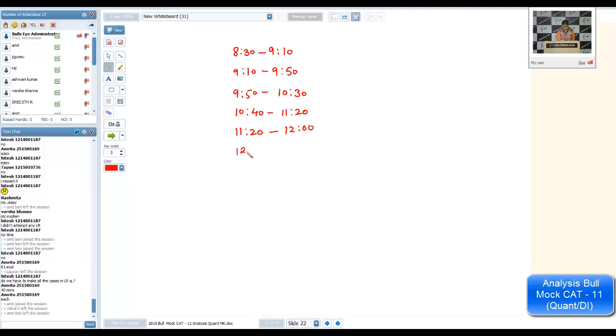Then one class from 12 to 12:40. Then 12:40 to 1:30 was a break. Then 1:30 to 2:10. Then 2:10 to 2:50. Then 2:50 to 3:30. These are the 9 classes. Is it okay, Amrita?